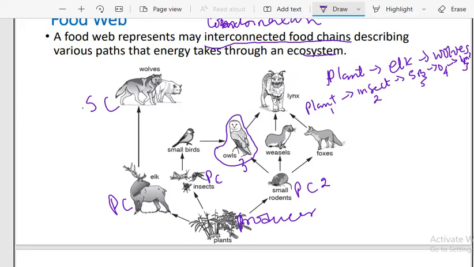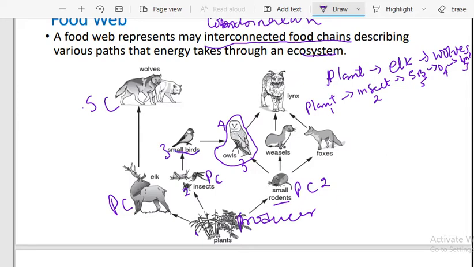Also, it can be on the fourth trophic level because it feeds on small birds. In this case, small bird is in the third trophic level, because if you count it, 1, 2, 3, then owl is 4. So the owl occupies 2 different trophic levels because it feeds on both rodent and small birds.